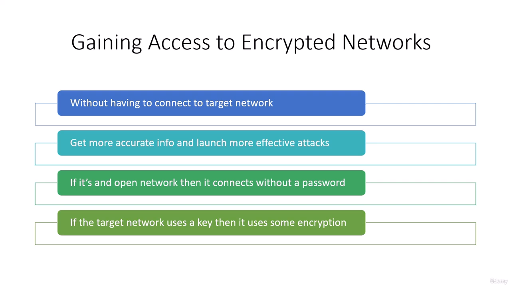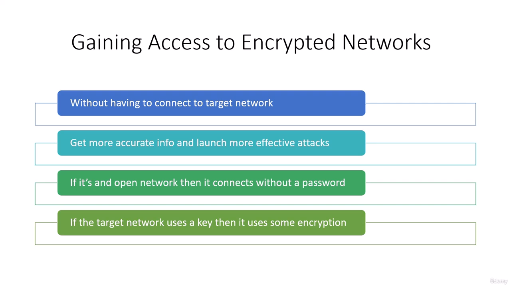But the problem is that if the network uses encryption such as WEP, WPA or WPA2, we have seen that if we try to sniff the data, the data will be encrypted, and if we want to decrypt it, we need to know the key.